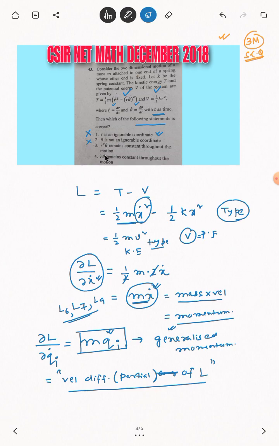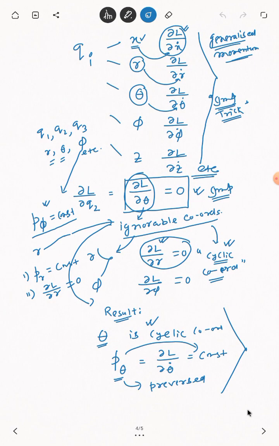Now two options are left: r square theta dot remains constant, or r theta dot remains constant. I have already discussed that whenever there is mention of ignorable coordinates, just think of preservation. Which quantity will be preserved?